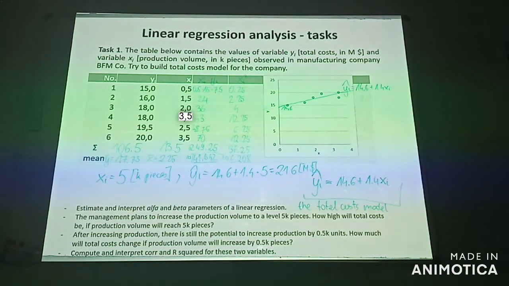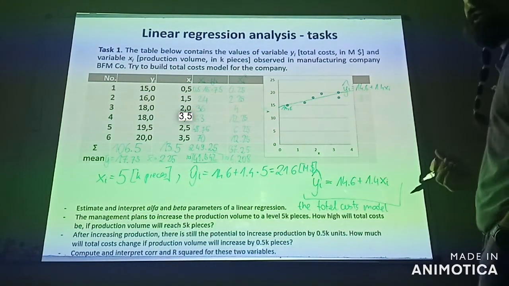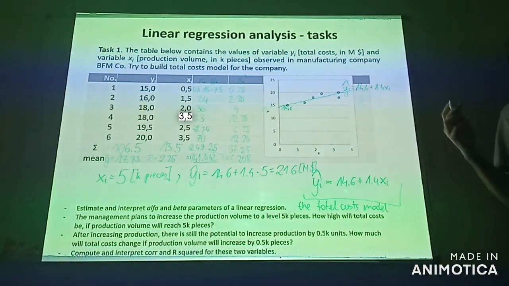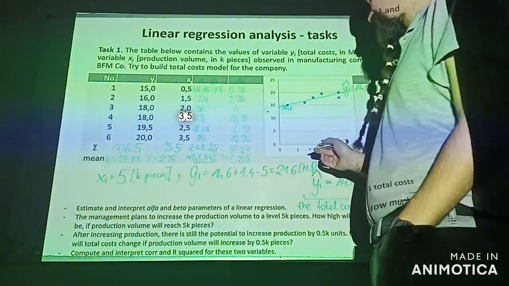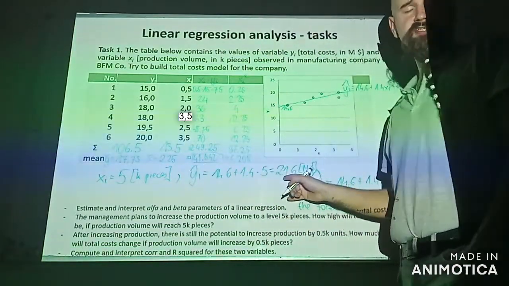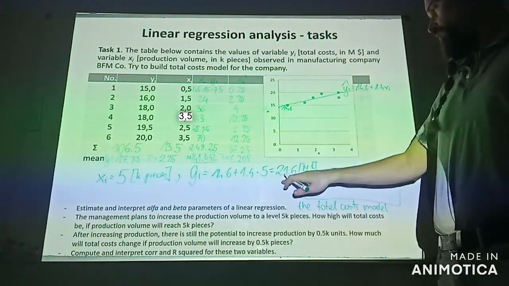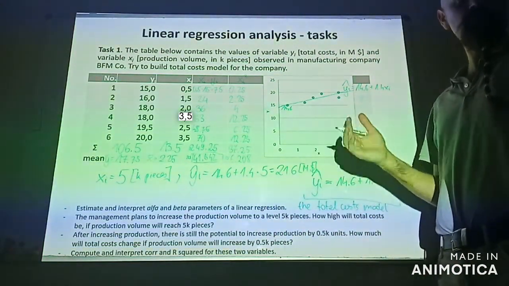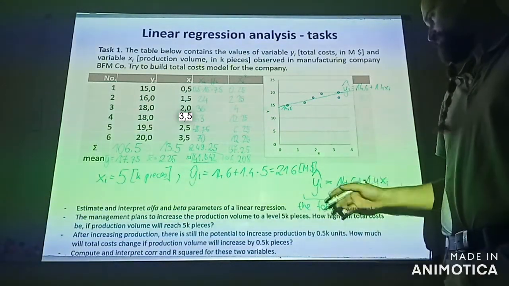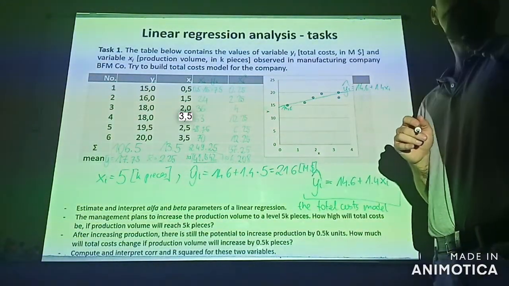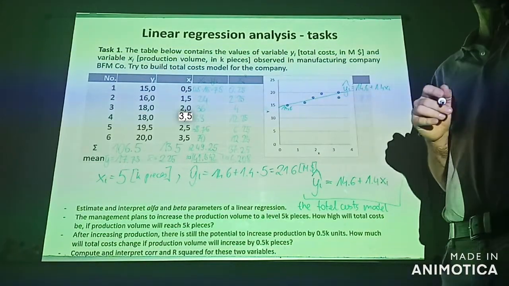How high will total cost be if production volume will reach 5,000 pieces? And we, as financial analysts, answer that in that situation we will reach the level of total costs of $21.6 million.